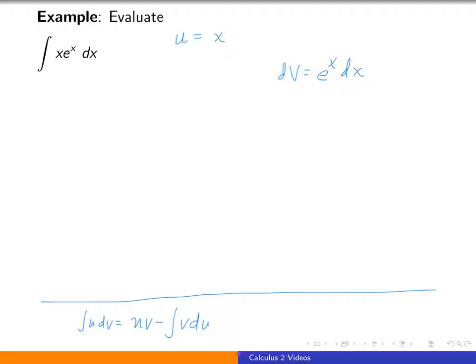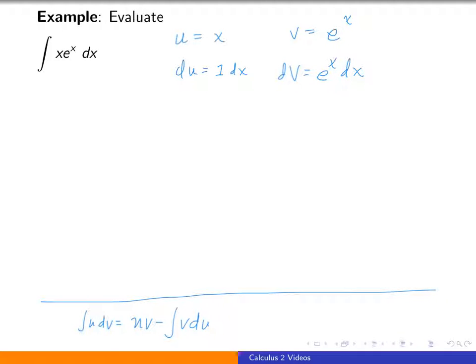And just as a side note, whatever we choose for u and dv, when we multiply these together, we need to get exactly the integrand. So now we calculate the two other things we need. du would be 1 dx, and v would be the antiderivative of e to the x. So e to the x.